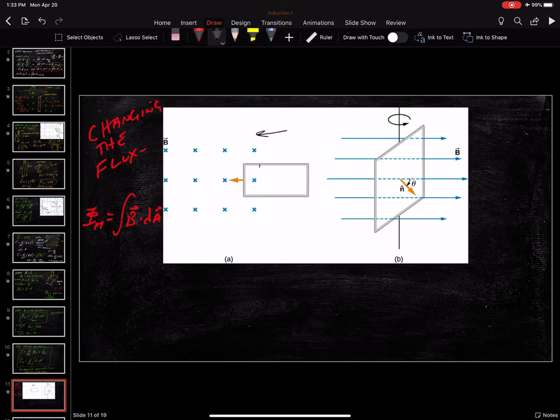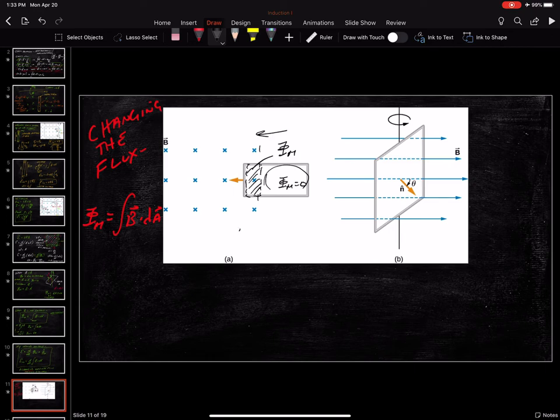The area through which the magnetic field is passing is just this region where there's a magnetic field. Over here, phi m equals 0. There's no magnetic flux in this region because there's no magnetic field, but there's a flux through there. And as you move this through, the area keeps getting bigger.